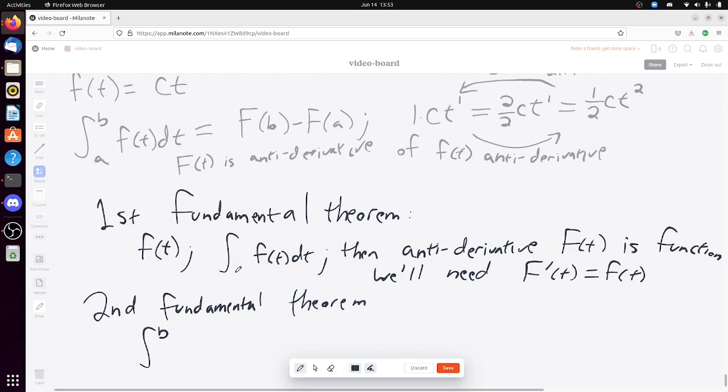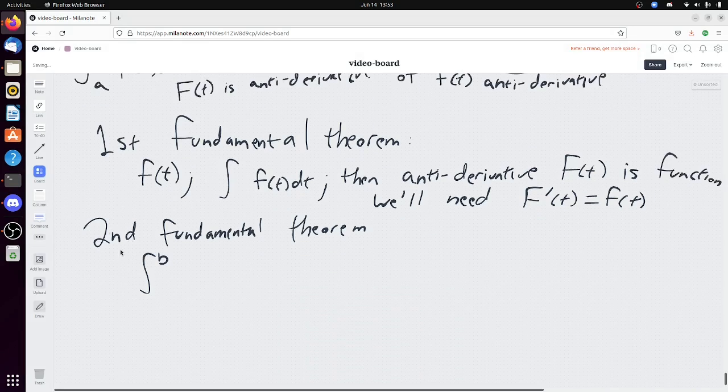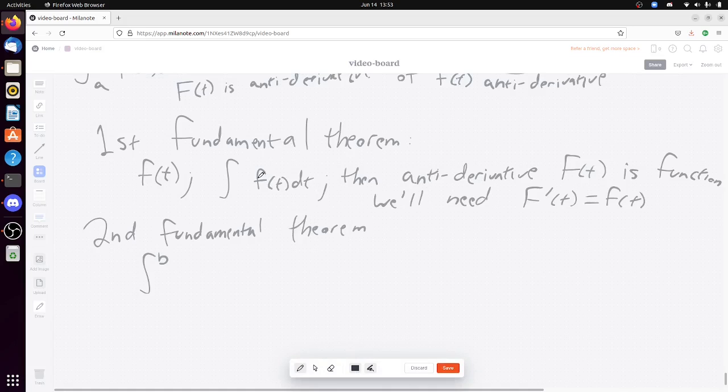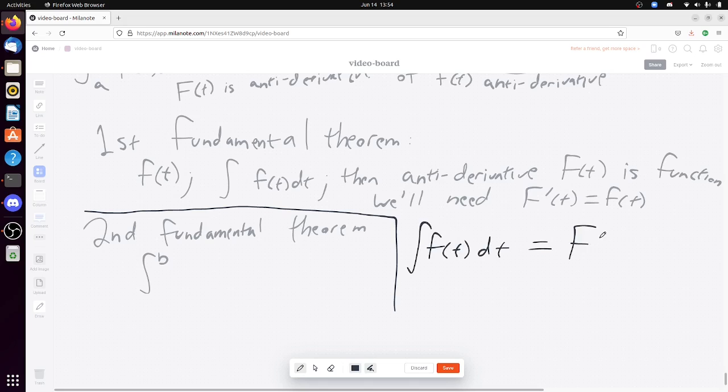You can't calculate it, but we assume, just to make things more logical, something called the indefinite integral, and we say it's equal to big F of t. Now that's not actually true, but thinking about the first fundamental theorem this way does make sense.